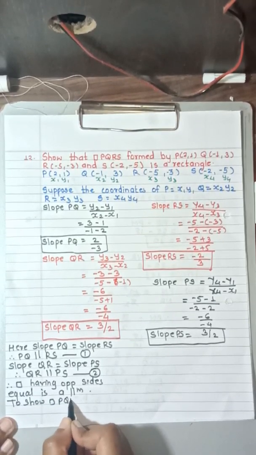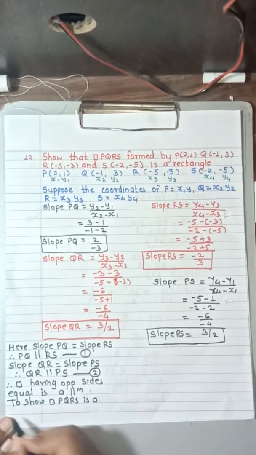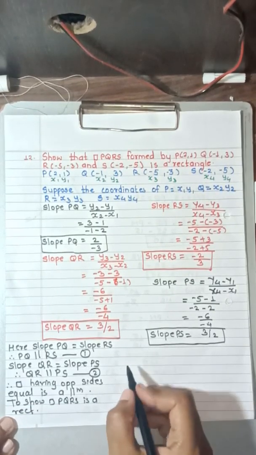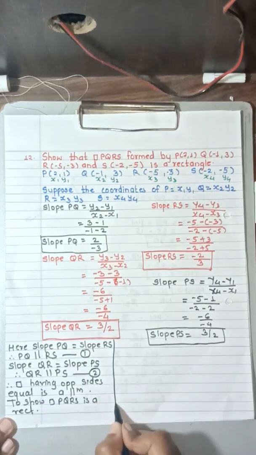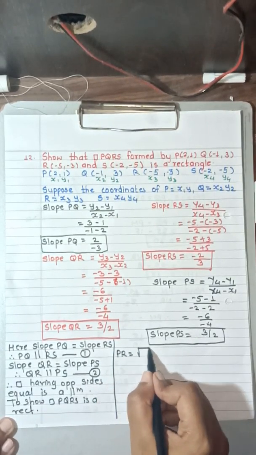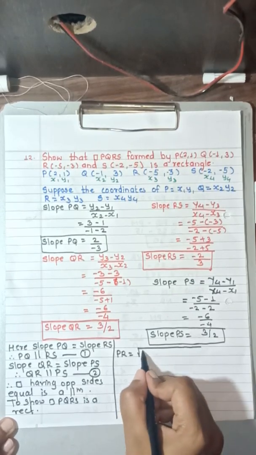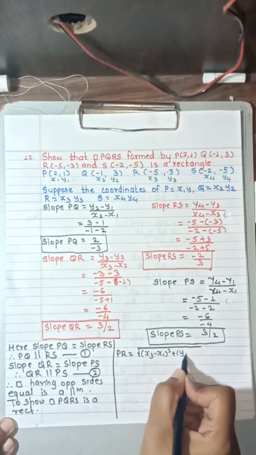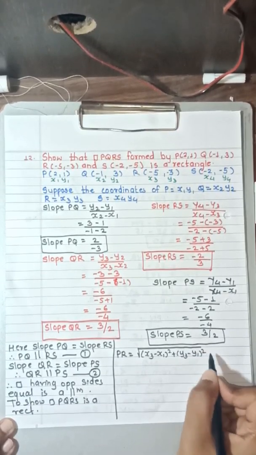Okay, now to show quadrilateral PQRS is a rectangle, we have to find distance PR. Okay, first of all I'll just mark a line over here. Therefore PR is equal to under root of x3 minus x1 bracket square plus y3 minus y1 bracket square.